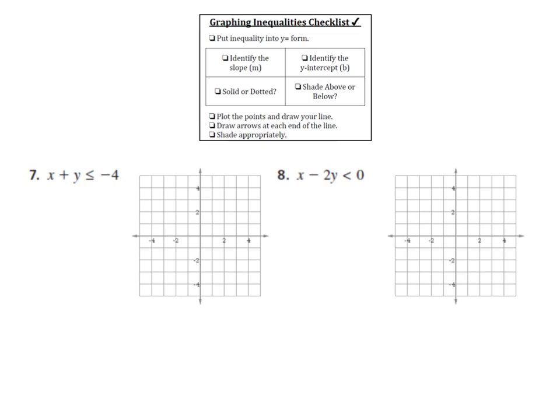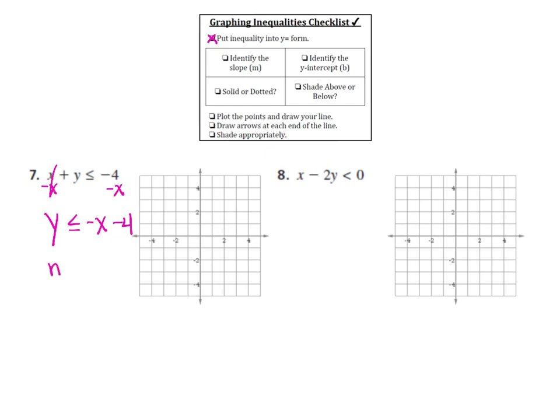And finally, the last two, number 7 and 8 here. First step is put it into y equals form, so get y by itself. So y is less than or equal to -x minus 4. Right? First step done. Second step, what is my slope and my y-intercept?